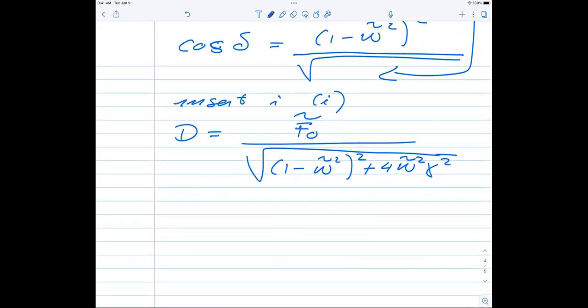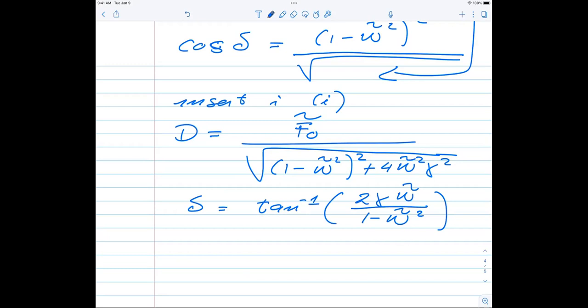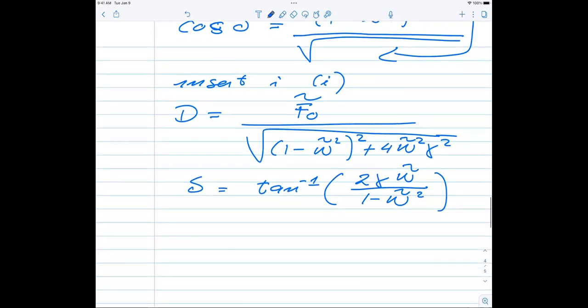And I can show that this delta, which is inverse tan, is given by 2 times gamma omega tilde divided by 1 minus omega tilde squared. So then I have an analytical answer, because the final particular solution x of tau is given by this constant d times cosine of omega tilde tau minus delta.